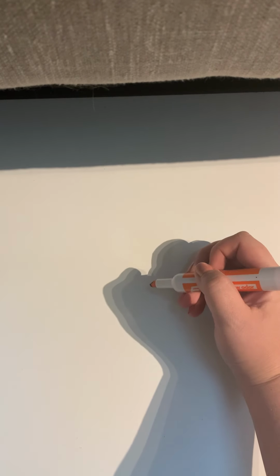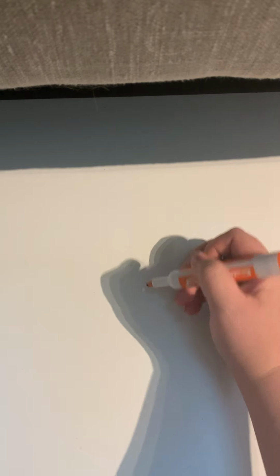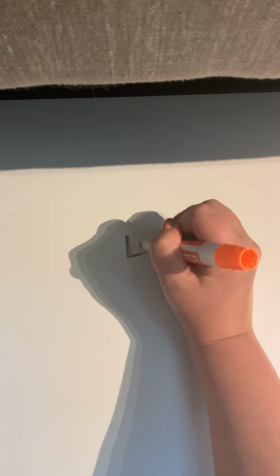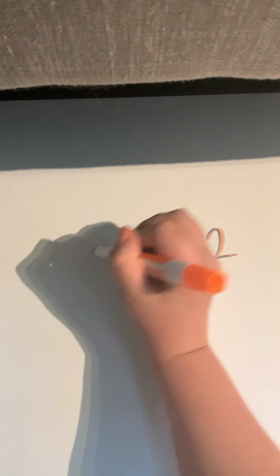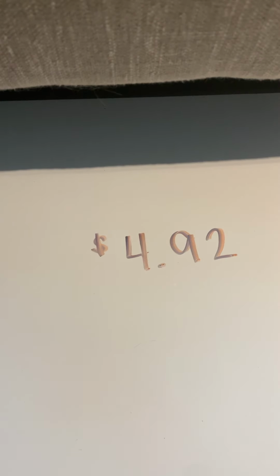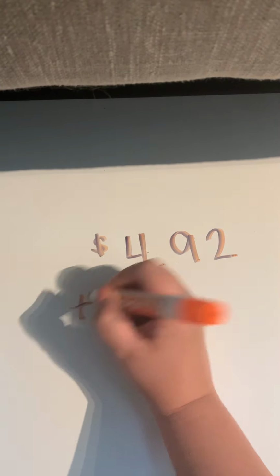A reason why you might need to know this is, let's say that I'm going to the grocery store and I wanted to get a bag of apples, and let's say it's a bigger bag. Let's say I know that apples are around $4.92, and I also want a gallon of milk.